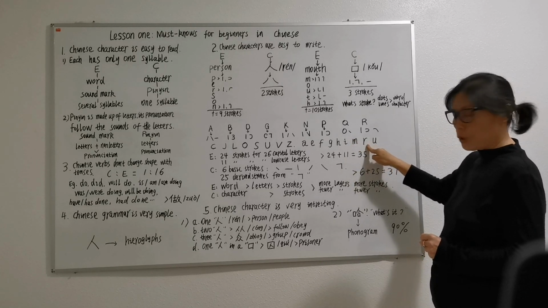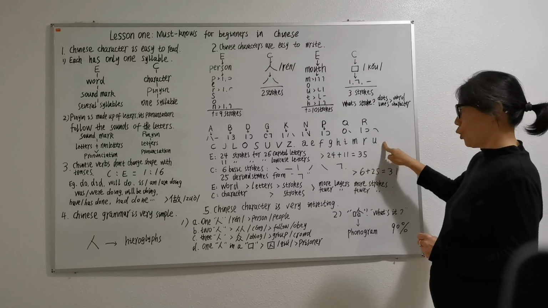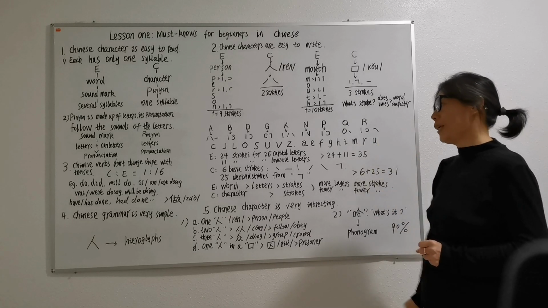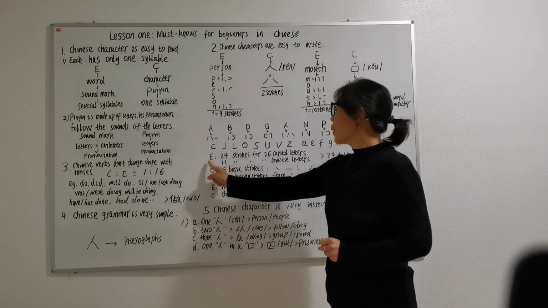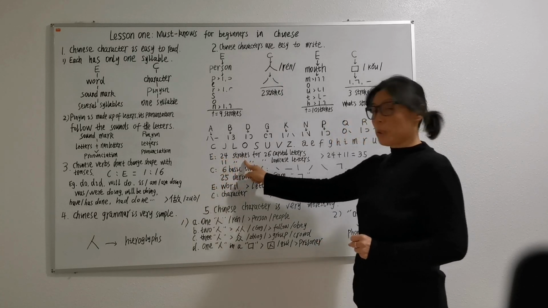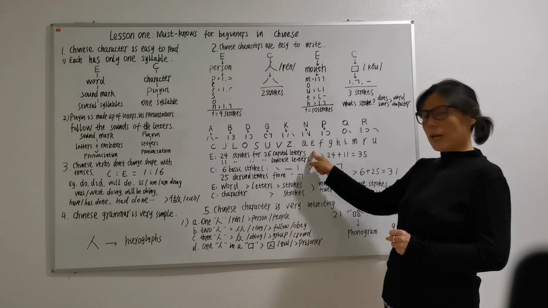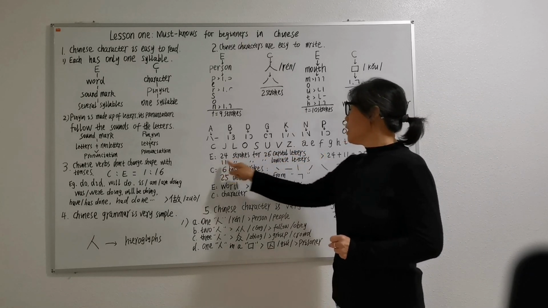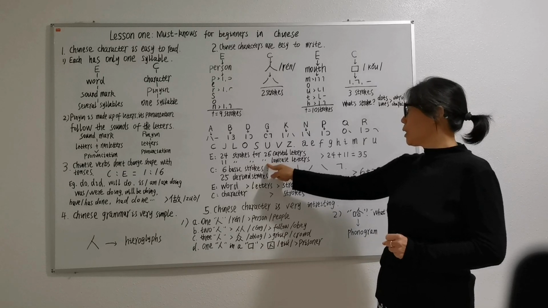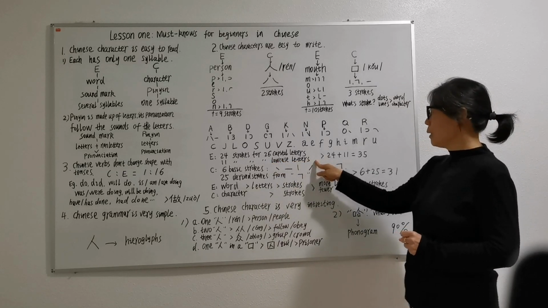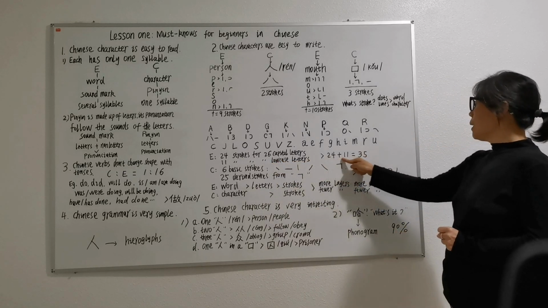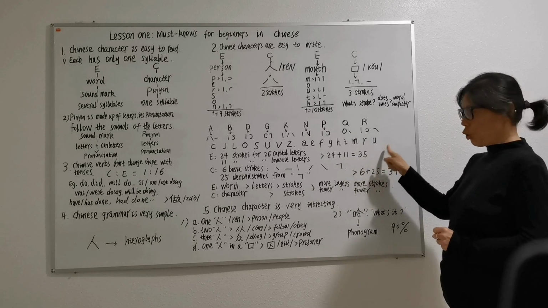R, 2 strokes. U, 2 strokes. I have counted. In English, 24 strokes for 26 capital letters and 11 strokes for 26 lowercase letters. Added together is 35 strokes.